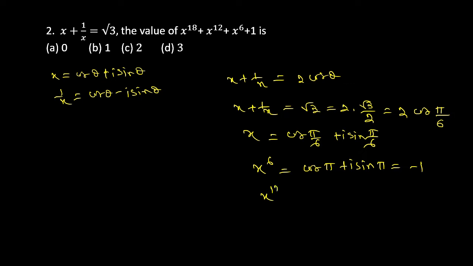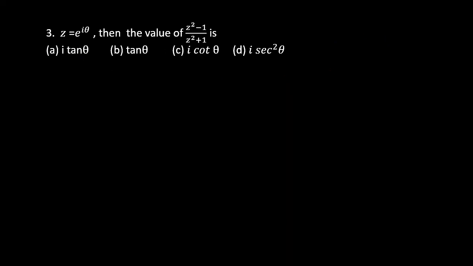So x to the power 12 must be 1 and x to the power 18 will be -1. So the value of x to the power 18 + x to the power 12 + x to the power 6 + 1 is -1 + 1 - 1 + 1. This is 0. So option A is correct. Okay, next one.